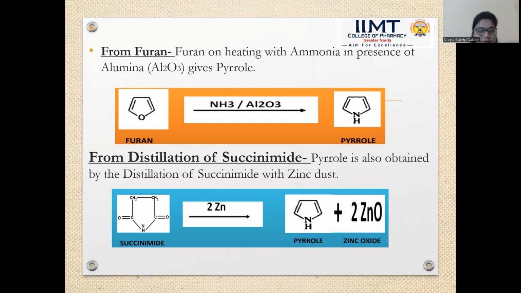The second method is from the distillation of succinimide. Pyrrole is obtained by the distillation of succinimide with zinc dust. Succinimide gives pyrrole in the presence of zinc dust, and it gives zinc oxide.